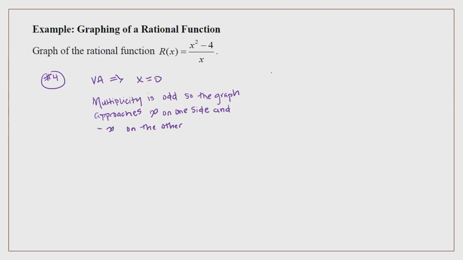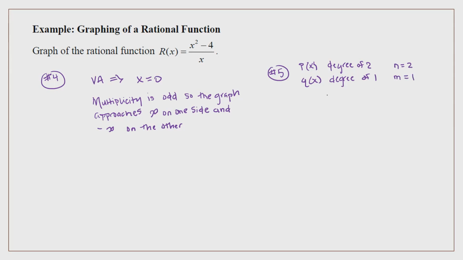Step number 5, we are locating our horizontal or oblique asymptote if it exists. So p of x is the polynomial in the numerator, and this has a degree of 2. Q of x is the polynomial in the denominator, and that has a degree of 1. So I notice here that n equals 2 and m equals 1.